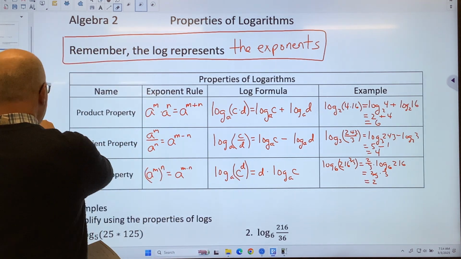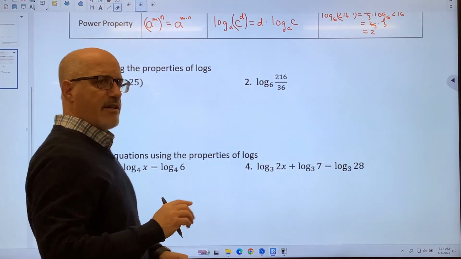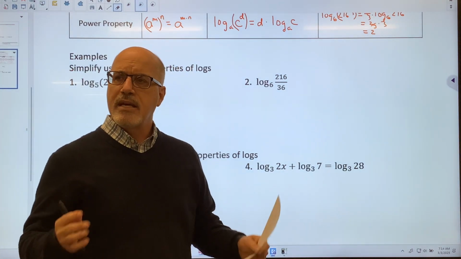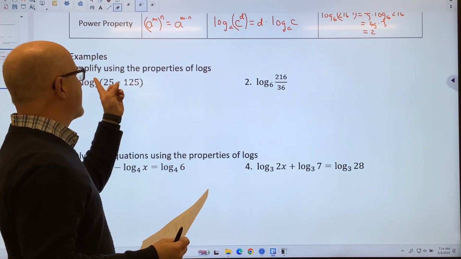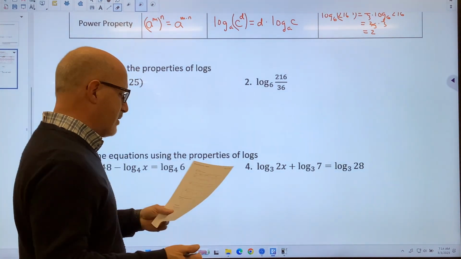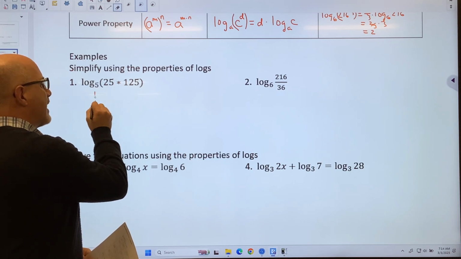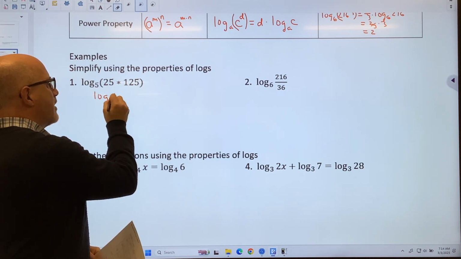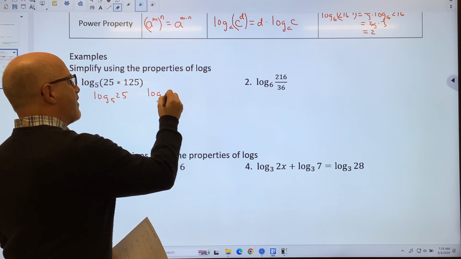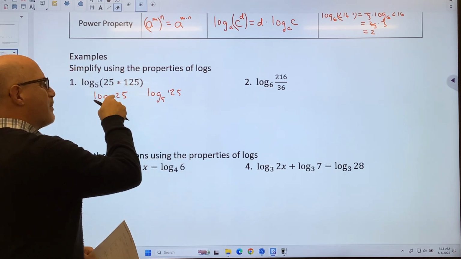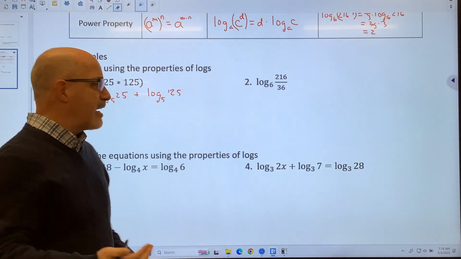Let's do some examples to illustrate this. Again, many of these examples you could do in a different fashion, easier possibly, but we want to do it here to illustrate our properties. So that's why it's saying simplify using the properties of logs. So the first one here, if I've got multiplication, I'm going to make it the log of the first one, and the log of the second one, log base 5 of 125, and the multiplication becomes the addition of the two logs because it's like adding the exponents.